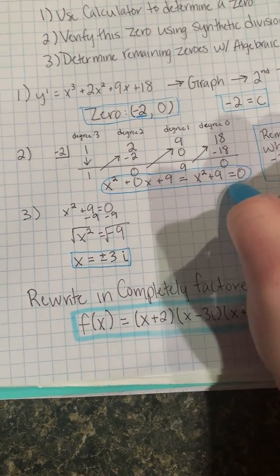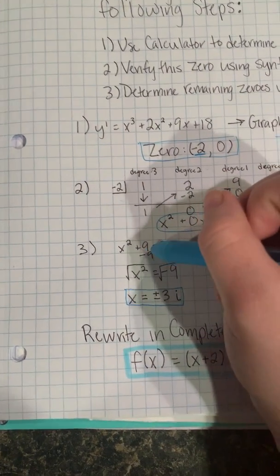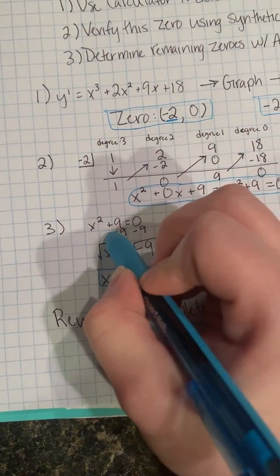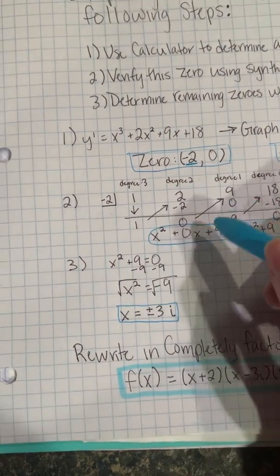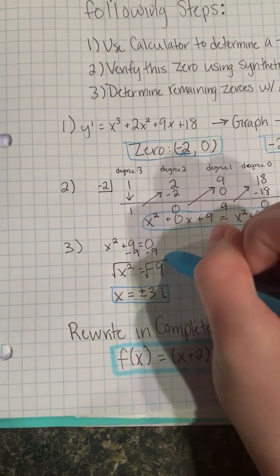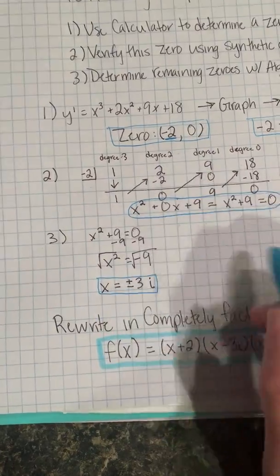This equation we take for our step 3. So for step 3, I found that completing the square was the easiest way to find the zeros. So I subtracted 9 from both sides to get x by itself, and then square rooted both sides.